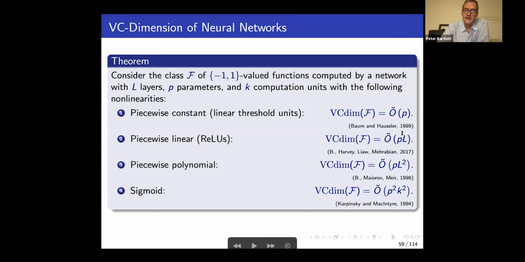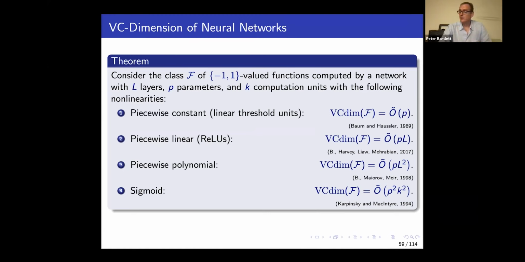So there's a big gap between the order p times depth lower bound and the p squared times k squared upper bound. Anyway, so kind of a smorgasbord of results there for different nonlinearities. Interesting how they vary things.